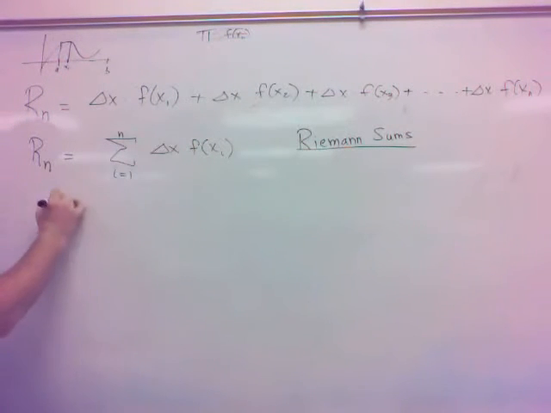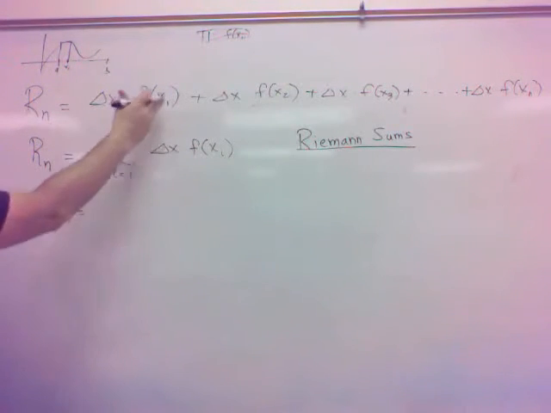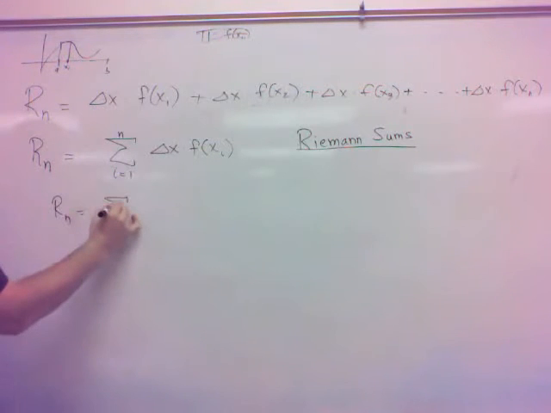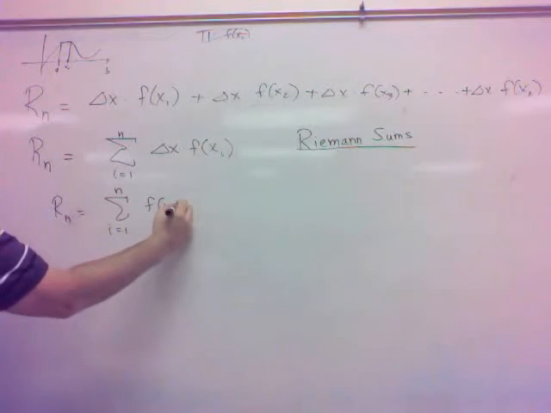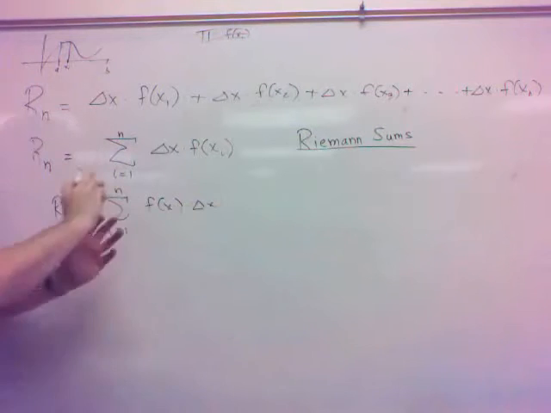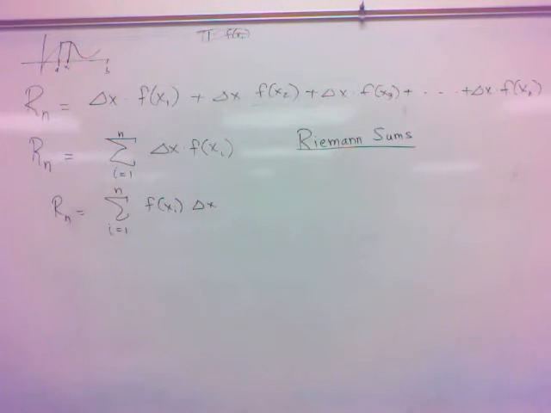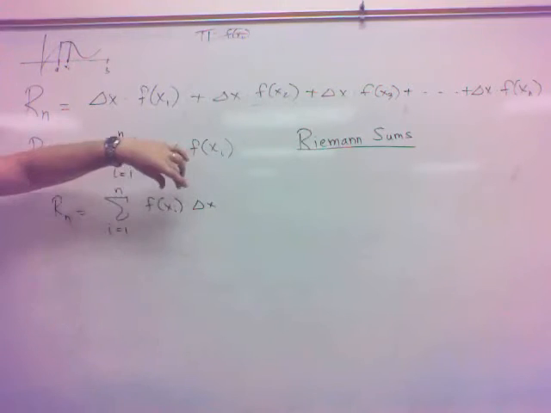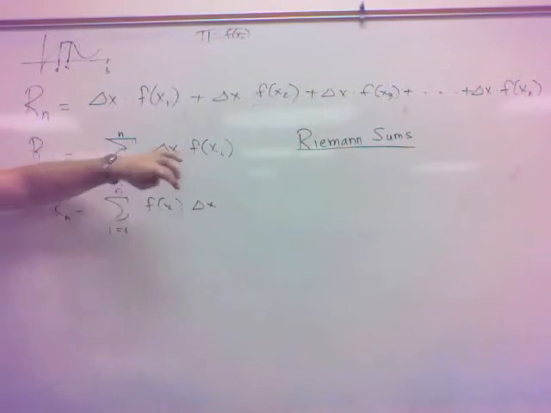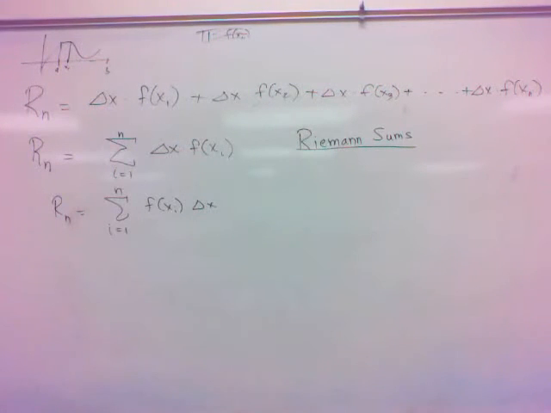Usually we start out doing delta x times f of x, but more often you'll see it flip-flopped. It's the same thing, right? Multiplication is commutative, so we can commute those around. That's probably more how you would see it, the f of x sub i's times the delta x's, for different reasons. Okay?